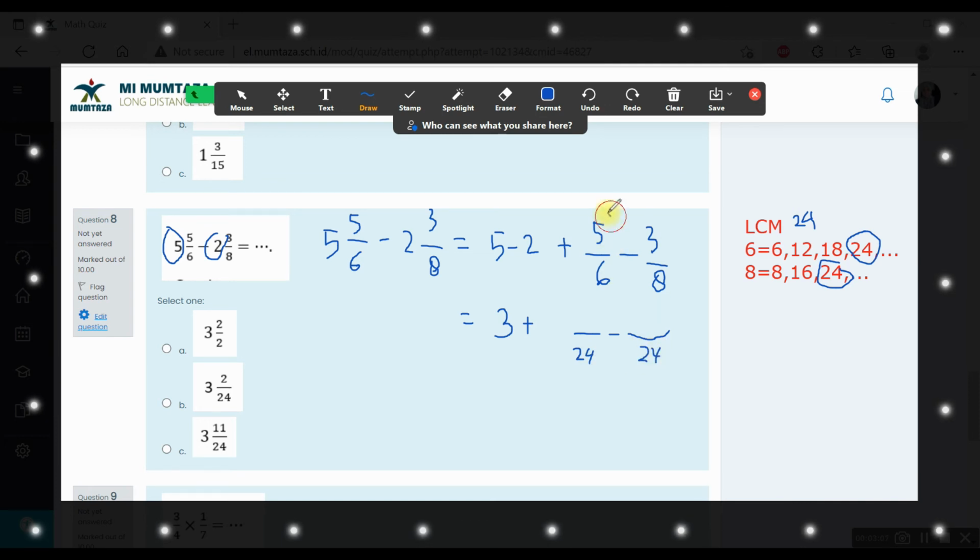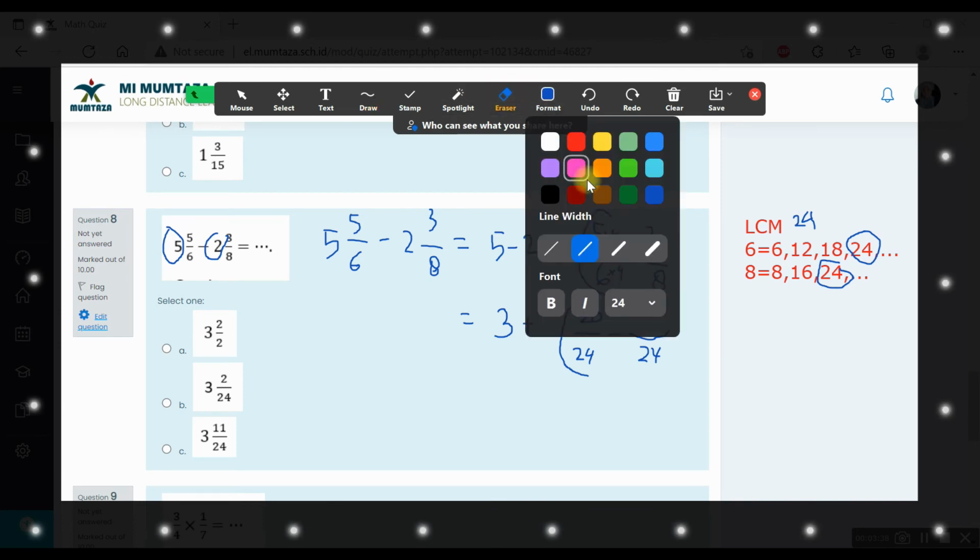Now, look at the first fraction. 5/6 becomes something over 24. Look at the bottom. 6 times what becomes 24? 6 times 4 becomes 24. Because in the bottom we multiply by 4, so in the top we multiply by 4. 5 times 4 becomes 20. So we put number 20 here.